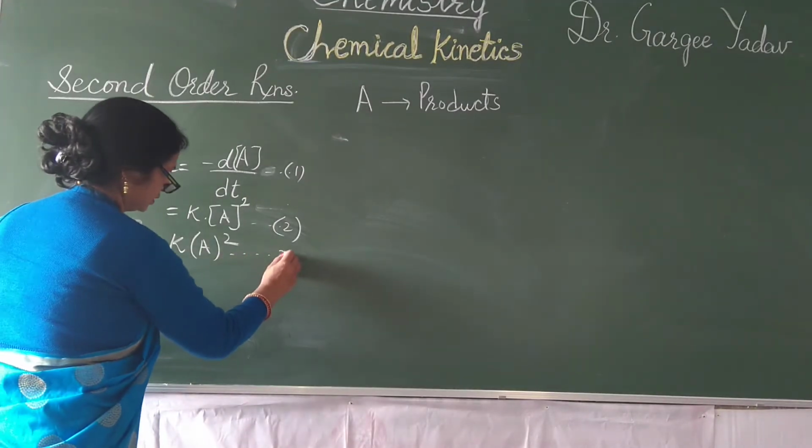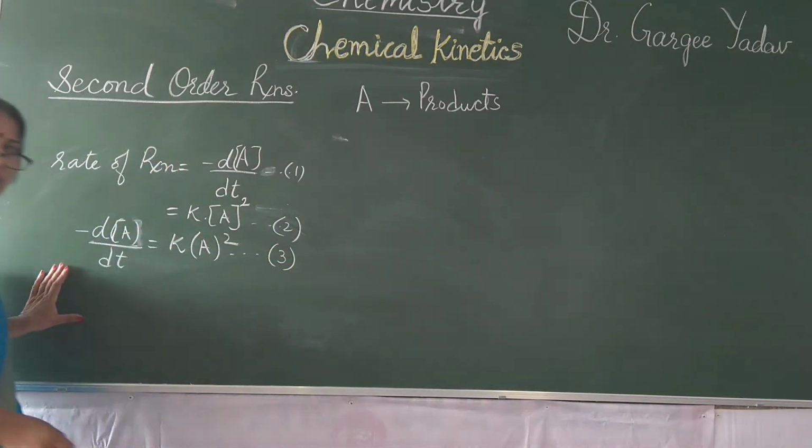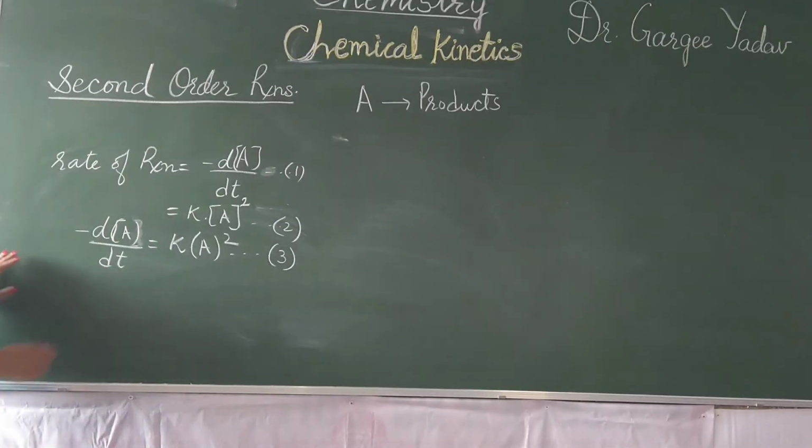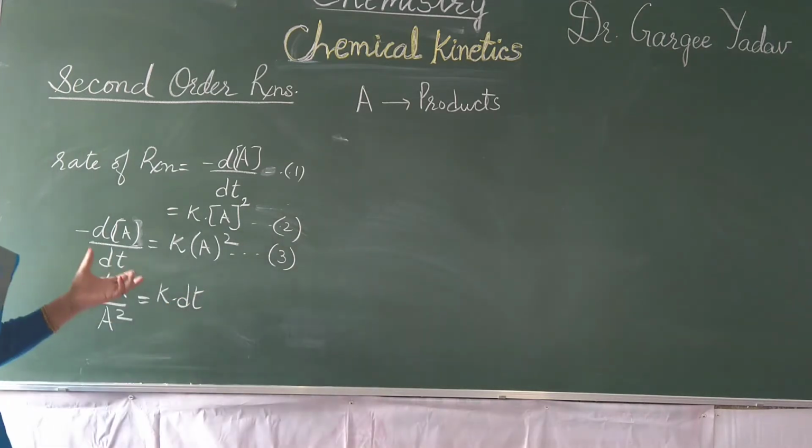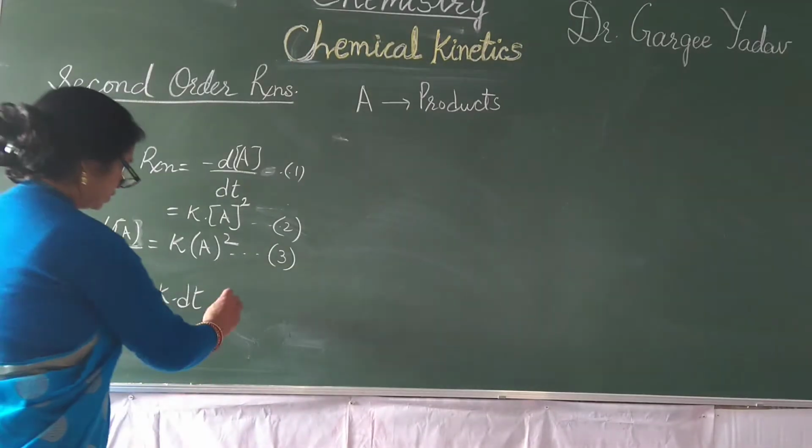That is equation 1. A bit of rearrangement over here, and what we get is minus dA upon A square, we bring A square from here to here, is equal to K into dt. So this is the simplest form.